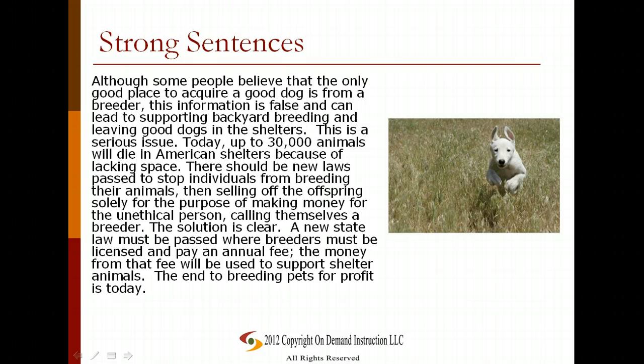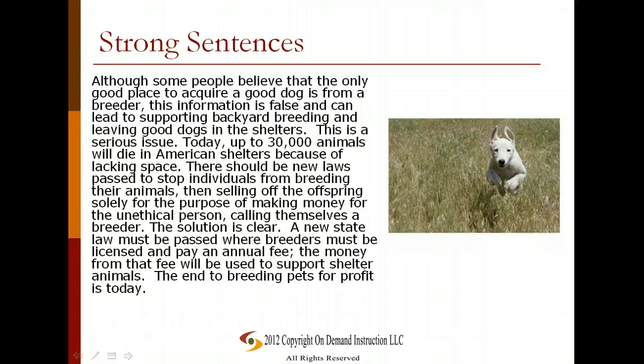Here's an example of a paragraph where we are using strong sentence fluency to get the idea across to the reader. Although some people believe that the only good place to acquire a good dog is from a breeder, this information is false and can lead to supporting backyard breeding and leaving good dogs in the shelters. This is a serious issue. Today, up to 30,000 animals will die in American shelters because of lacking space.